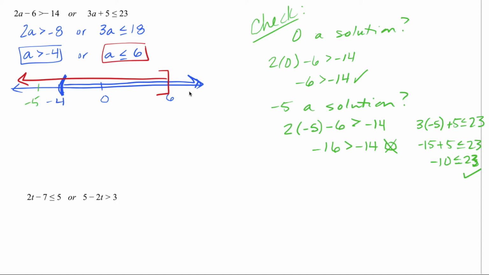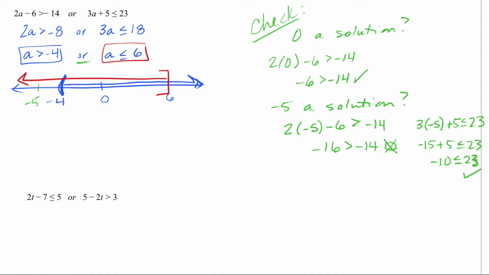What about over here? What if I were to check 7? It's in the shaded blue region. Is that going to be a solution? Yeah, it would be a solution to the first inequality, because that's where we get this blue shaded. And since we have the word or, it doesn't have to be part of the red inequality shaded area.